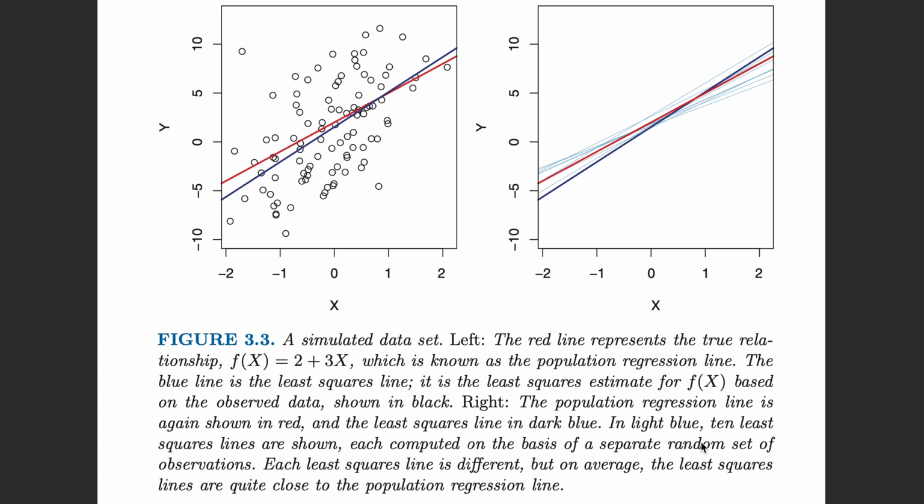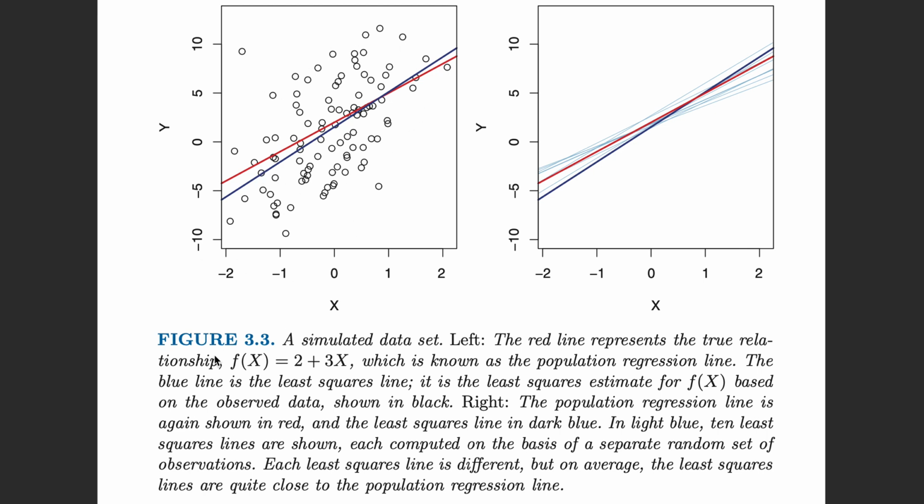This figure is supposed to express the idea that we expressed in the previous lecture concerning the smoothing splines. Here the underlying relationship is linear, and red represents the true relationship, so it's a population regression line, and this blue one is the estimate that we get from the data.